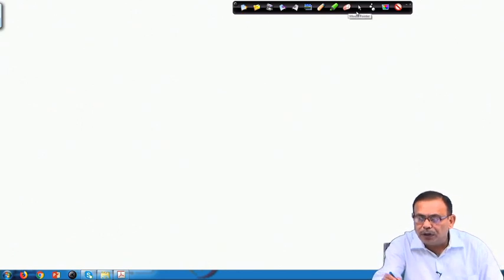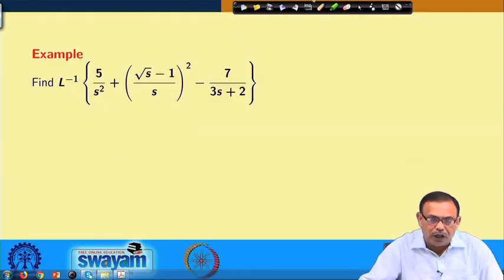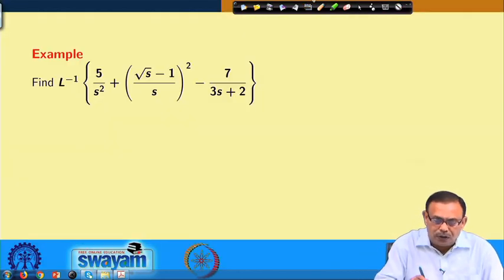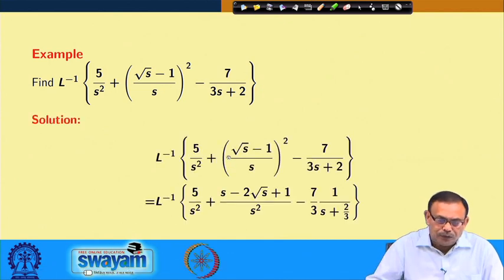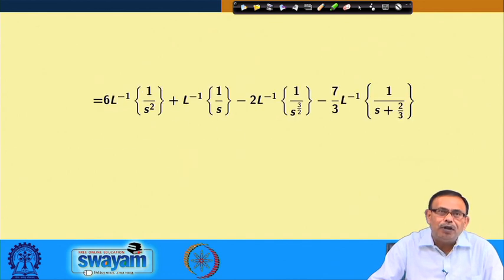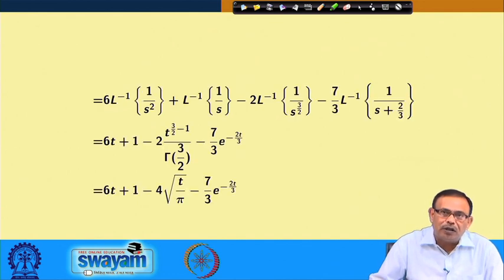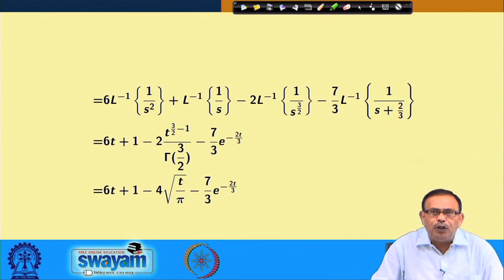So, in this way we try to find out the solution of these equations. Laplace inverse of this is this one, and from here you are getting the corresponding results. So, in this way, if you have been provided with the inverse Laplace transform, then I can find out the corresponding function.